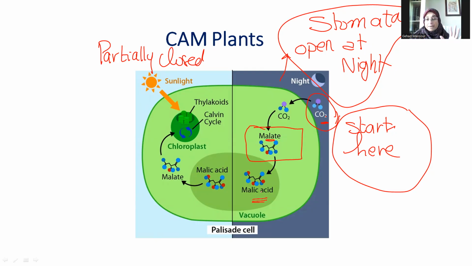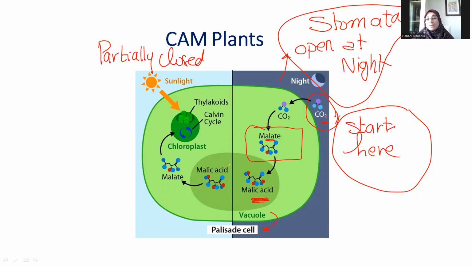And that malic acid is stored in a vacuole in the palisade cell. Palisade cells are superficial cells. The plant stays all night fixing carbon dioxide and converting it into malic acid that is stored inside vacuoles inside the palisade cell.